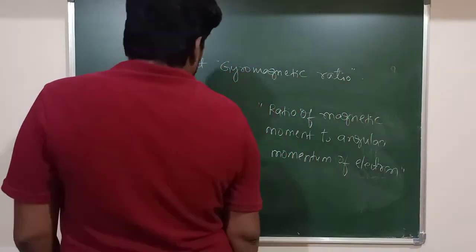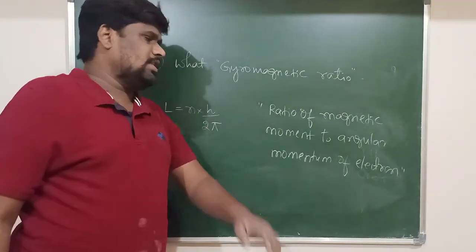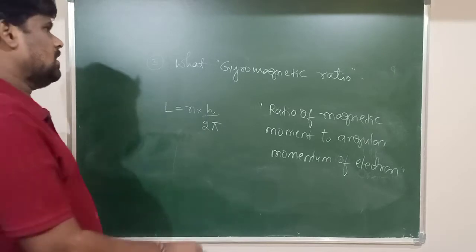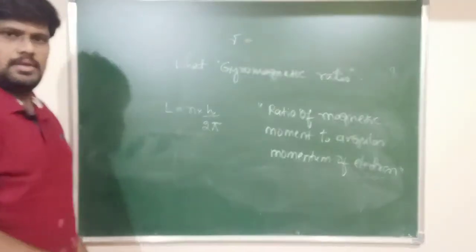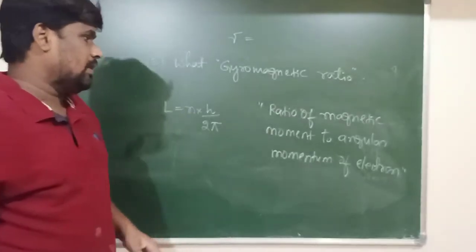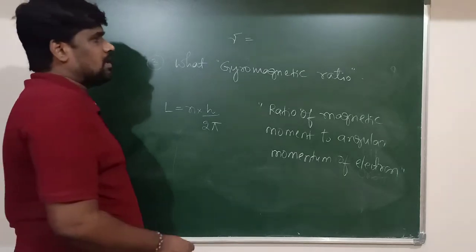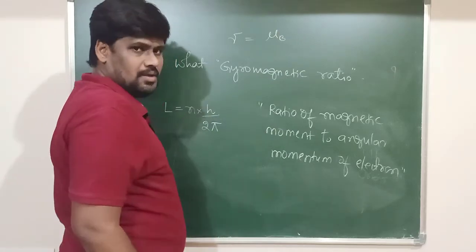You can also calculate the gyromagnetic ratio when the electron is revolving at the first orbit of what? Hydrogen atom. Gyromagnetic ratio is generally denoted by gamma. It is the ratio of what? Magnetic moment to the angular momentum. What is the magnetic moment of the electron revolving at the first orbit? It is given by μB. Correct?